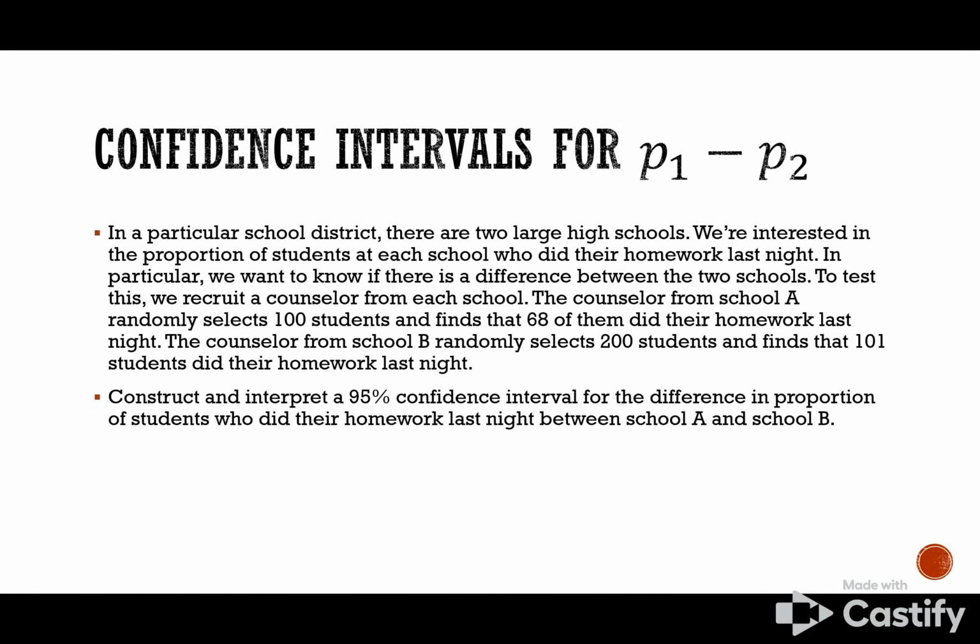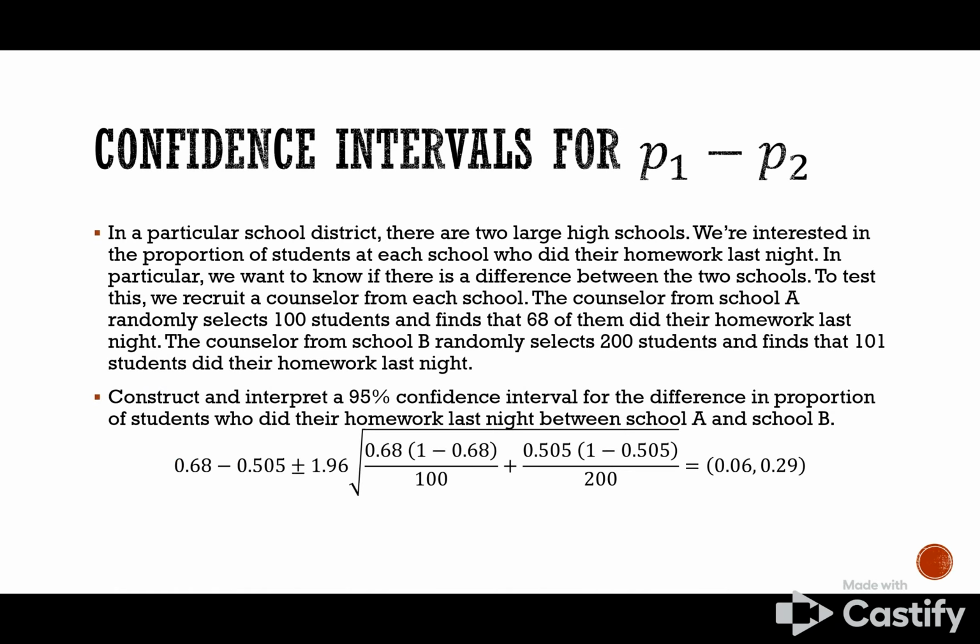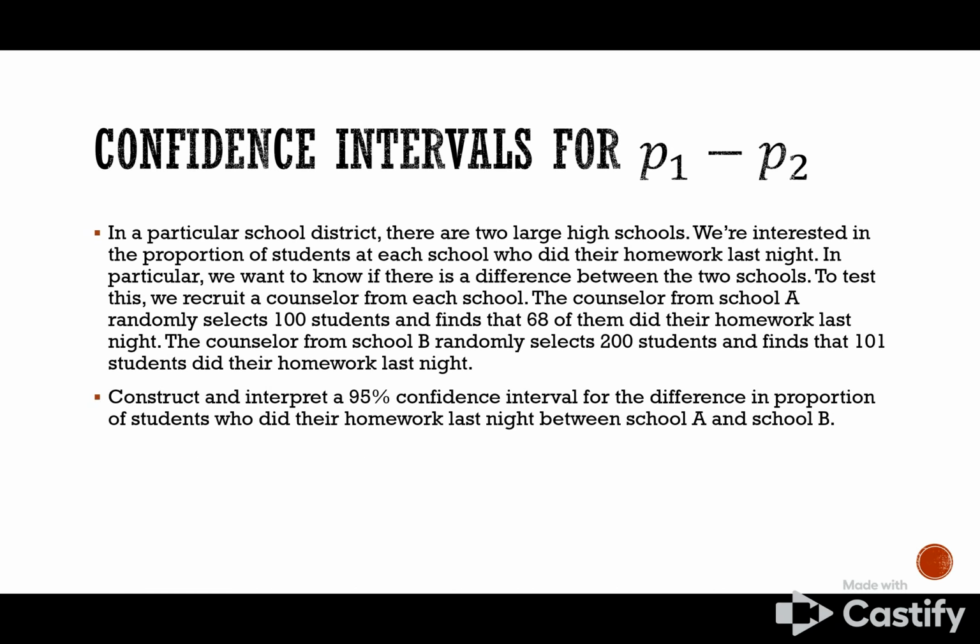Our job is to construct and interpret a 95% confidence interval for the difference in proportion of students who did their homework last night between school A and school B. So, first thing we got to do is double check that our conditions are met.